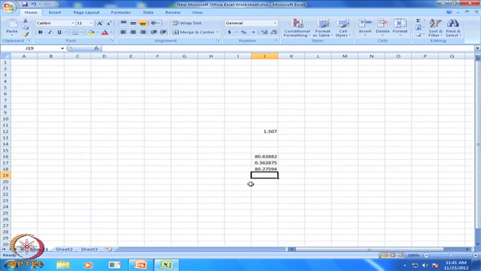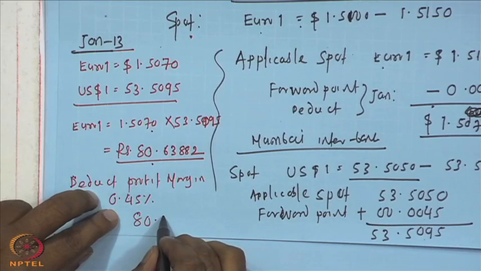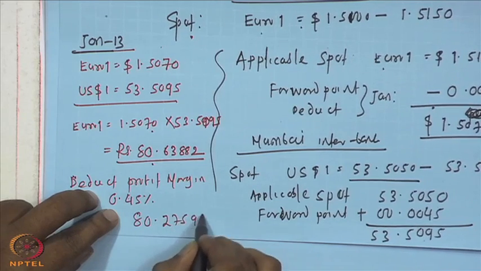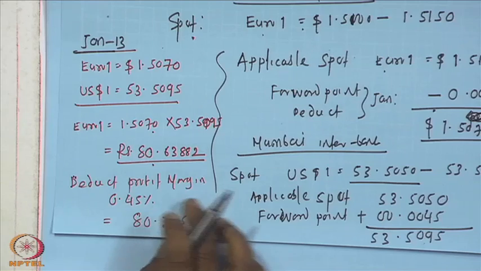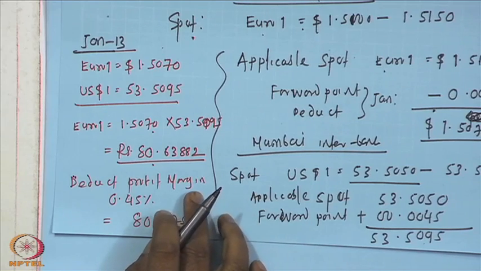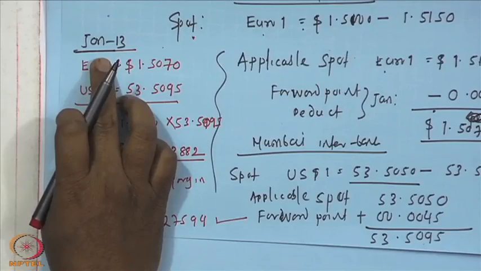This is coming 80.27594. So, the forward sell contract rate for euro and Indian rupee will be 80.2759. This will be the rate quoted by the authorized dealer for the conversion of euro proceeds into Indian rupee during the month of January 2013.